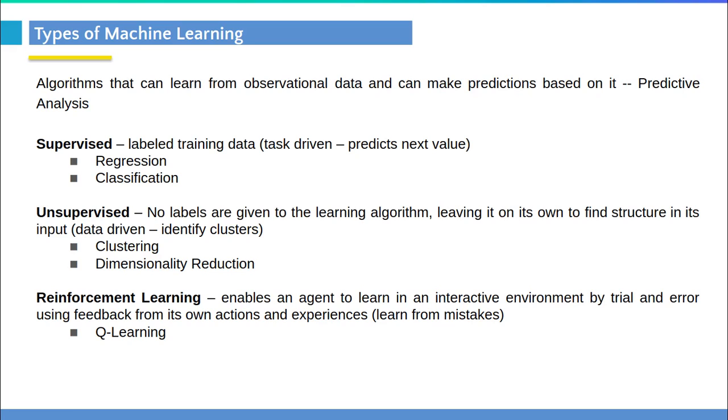So the regression, the classification, we may have algorithms like logistic regression, support vector machine, KNN, Naive Bayes. Those are some of the algorithms which can be used for solving your classification problems.